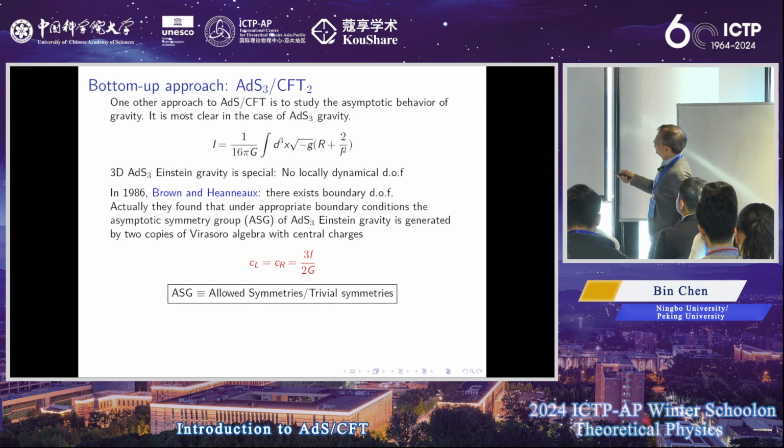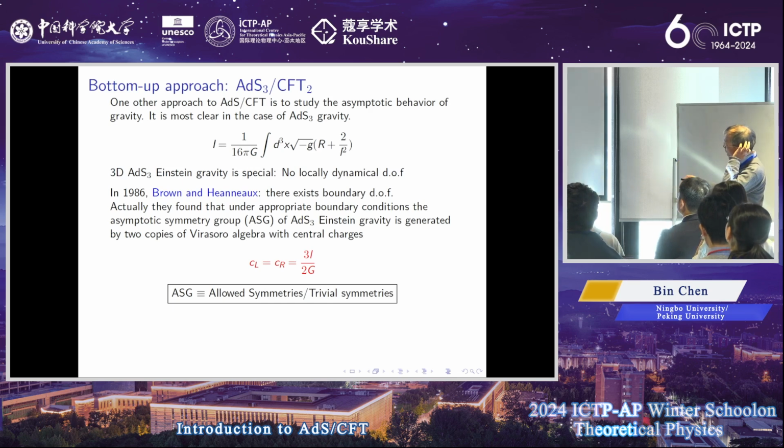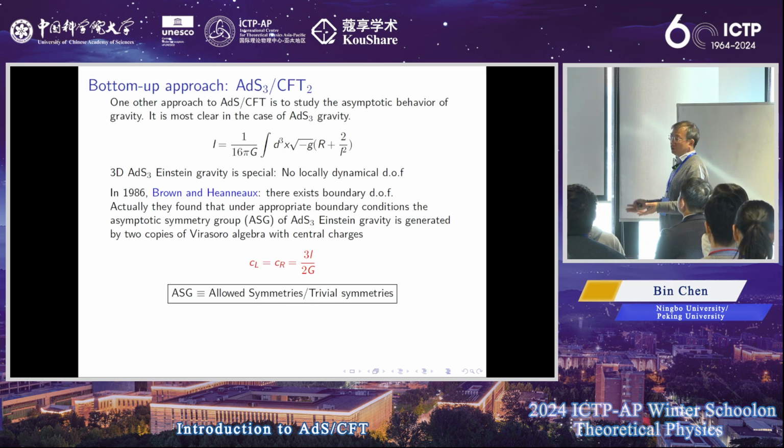But this treatment is quite subtle. You have to find an appropriate boundary condition, and I have to emphasize appropriate. Sometimes if your boundary condition is too loose, you find nothing interesting. But if it's too restrictive, the asymptotic symmetry group is also null.